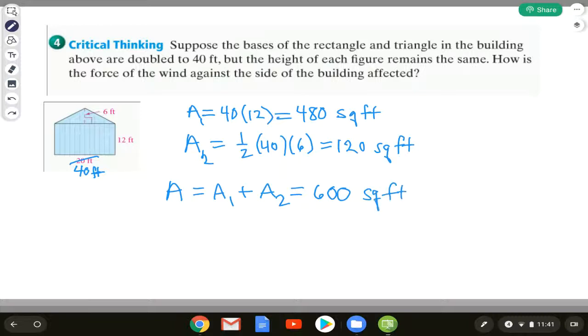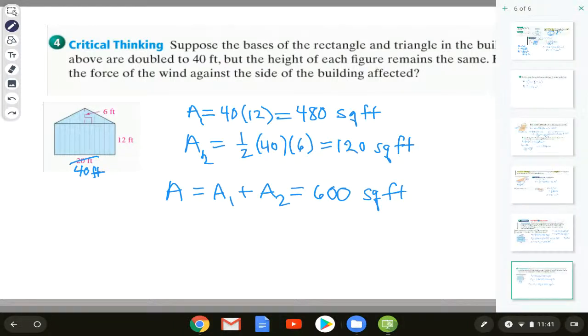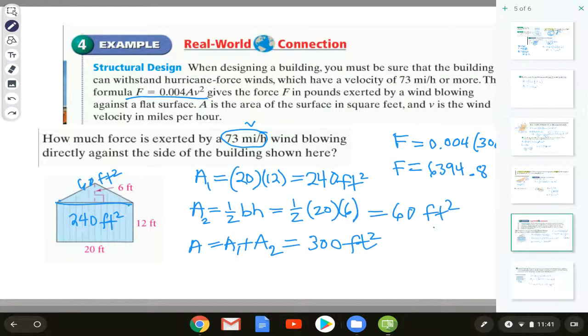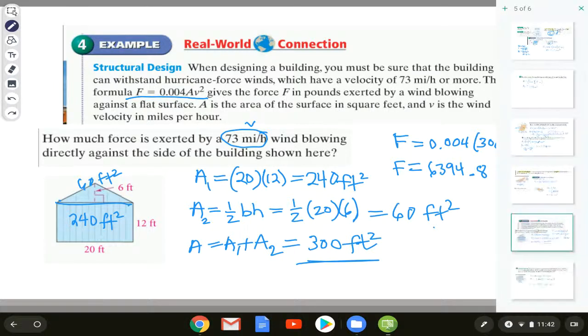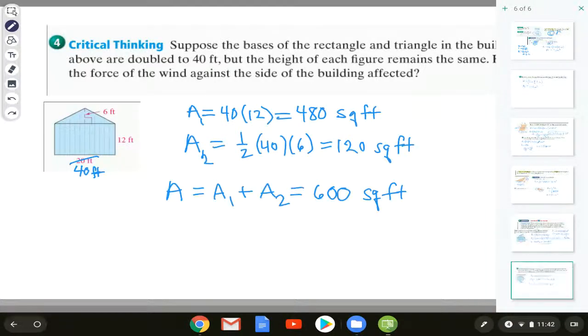Now, let's go back just real quick. In the last problem, our area was 300 square feet. So in this problem, the area is double.